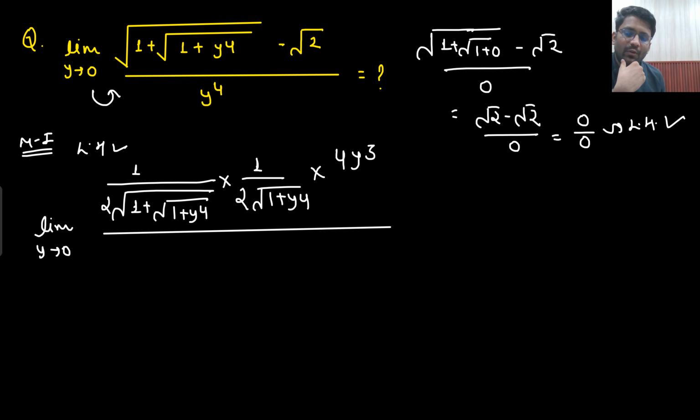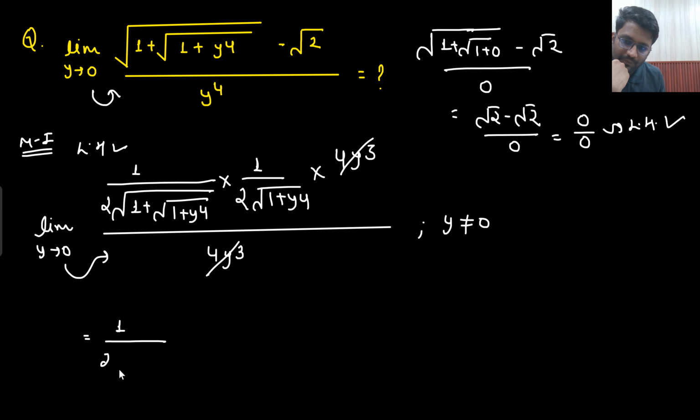Now for the denominator, what will be the differentiation? 4y to the power 3, and this is getting cancelled out. Now you will say, sir, y should not be equal to 0. Yes, no issue. I am tending y to 0, so there is no issue about it. Okay, now just put the limit. What answer are you getting? 1/(2 under root 1) plus under root 1 multiplied with 1/2 (1 + 1).